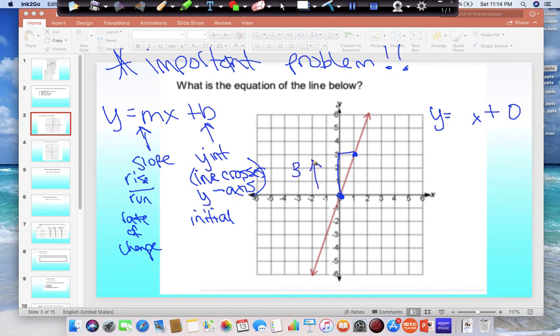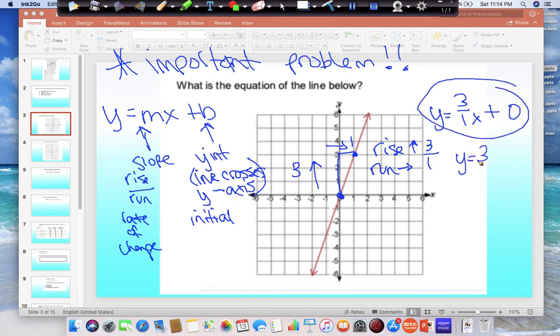We are going to go up 3 and over 1. So rise over run, how much we went up was 3 over run, we went over 1. So 3 over 1 is our slope. So you could have also written it like y equals 3x because we don't need that plus 0 on the end, and 3 divided by 1 does give us 3. So either one of these answers would have been correct.